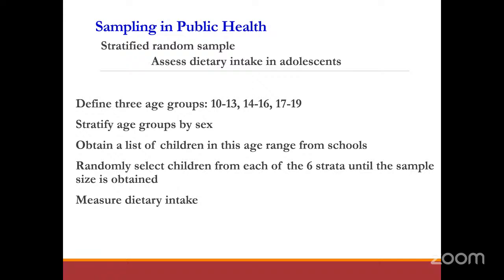We divide three groups: 10 to 13, 14 to 16, and 17 to 19, based on the adolescent ages. Most children of 10 to 13 have similar characteristics in the common way. So we can stratify based on their ages, their groups, and their sex. After that we can collect their information, and each group is called a stratum. Next slide.